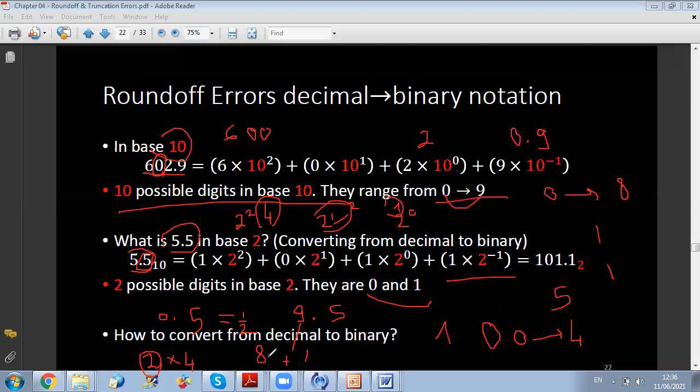So I should think in another way. I should not decompose 9 as 8 plus 1. I should try to decompose it in a different way. I might do this by trial and error, but in order to have a technique that can directly give me the result without trial and error, we will now develop together how to convert from decimal to binary.